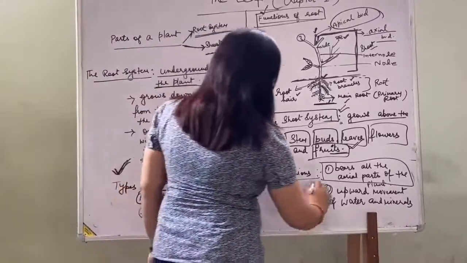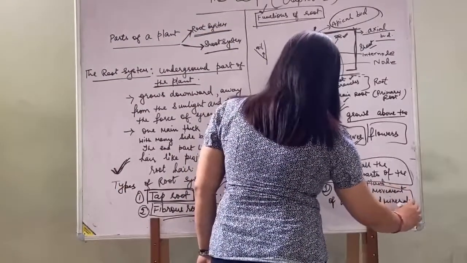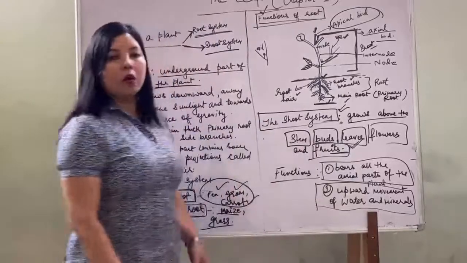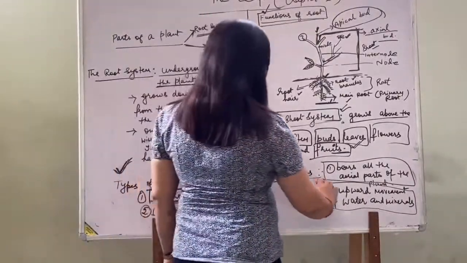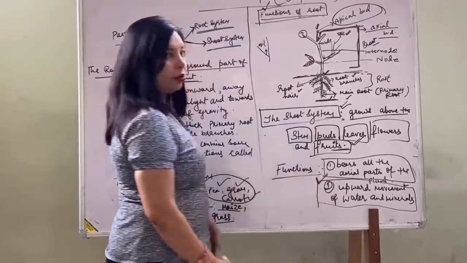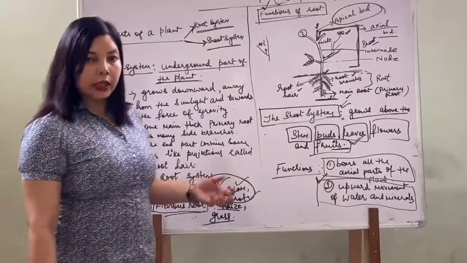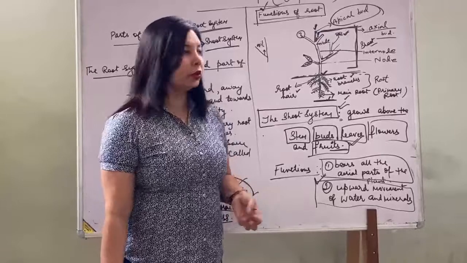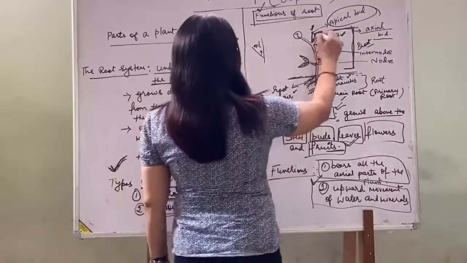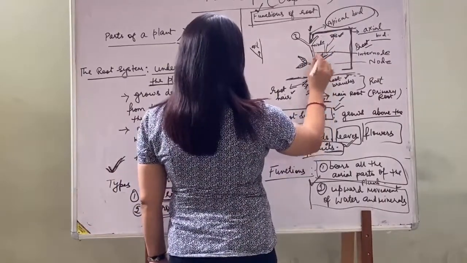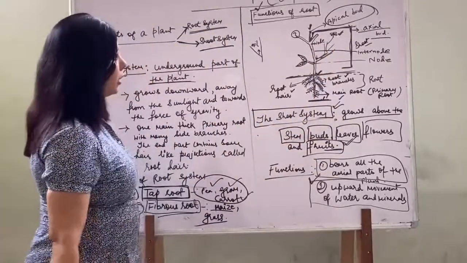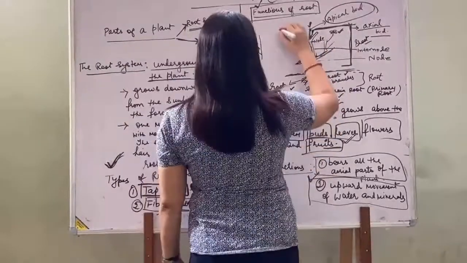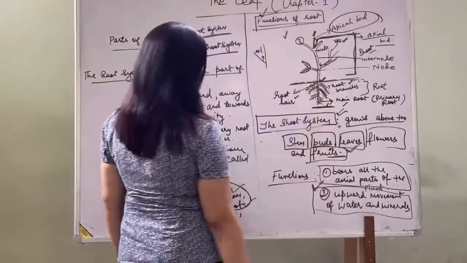The second function of the stem is that it helps in the upward movement of water and minerals. It also helps in moving the prepared food from the leaves to the roots and lateral parts of the plant. So we can see that the stem is also of great importance.